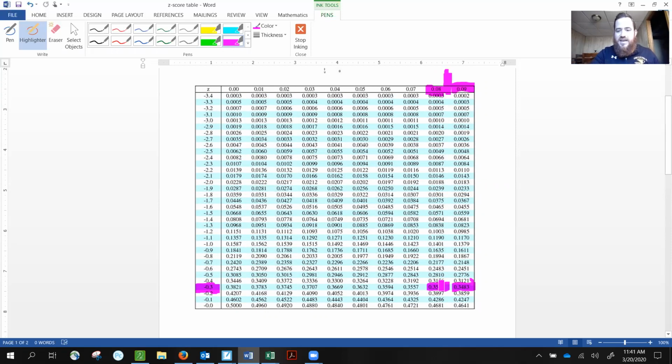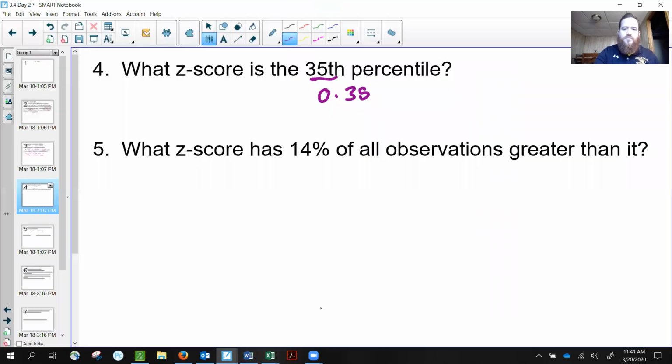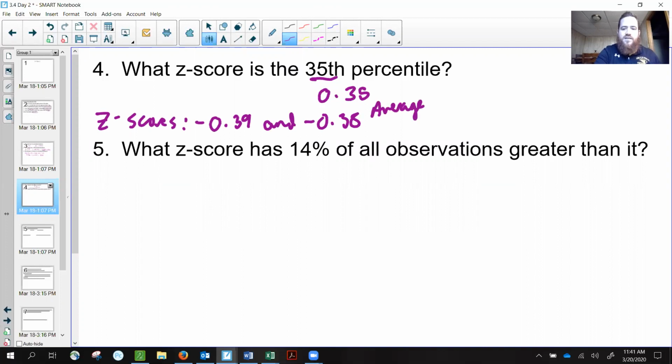If we're not exact or really close to the percentile we want, we find the average of those two z-scores. The two z-scores we found were negative 0.39 and negative 0.38, so I'm going to average those. Negative 0.385 is the z-score at the 35th percentile.